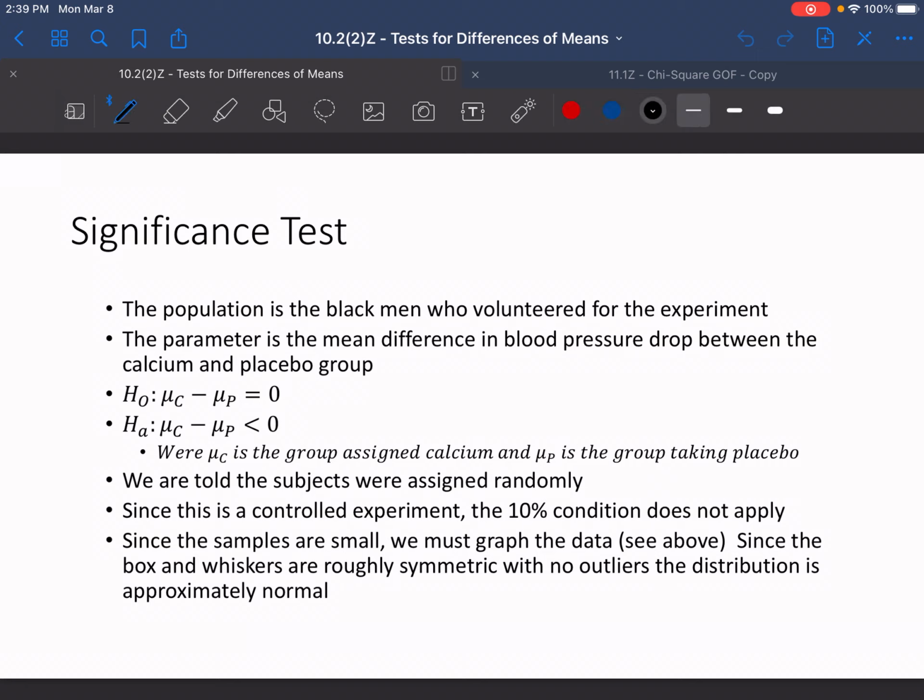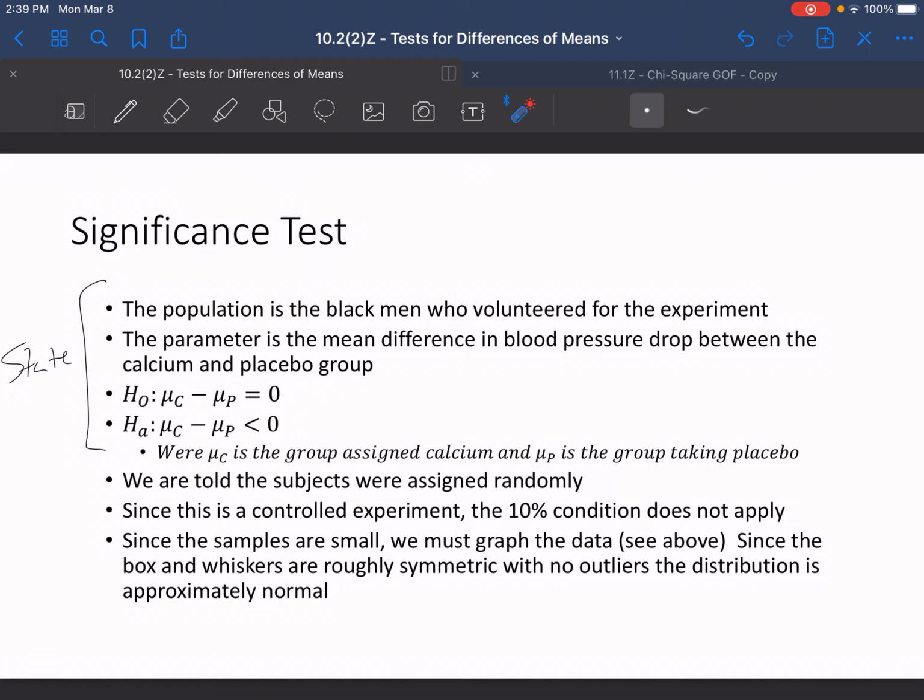So again, we need to perform the state portion of this. The parameter in this case is the mean difference in blood pressure drop between the calcium and placebo group for the black men who volunteered for the experiment. Our null hypothesis would be that there is no difference between the calcium group and the placebo group, and the alternate hypothesis would be that there is a negative difference between the calcium group and the placebo group.